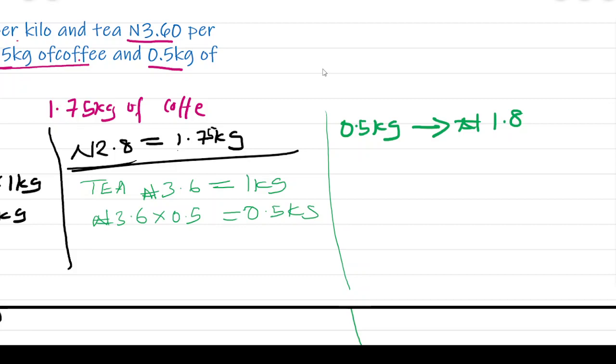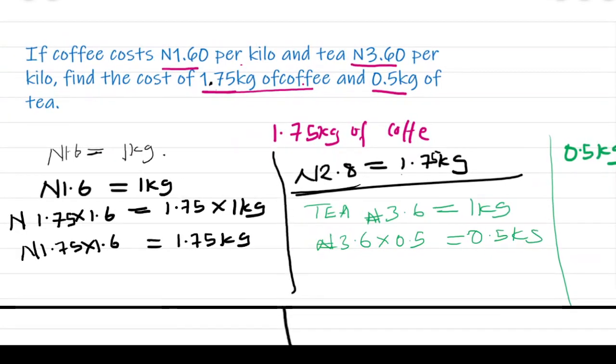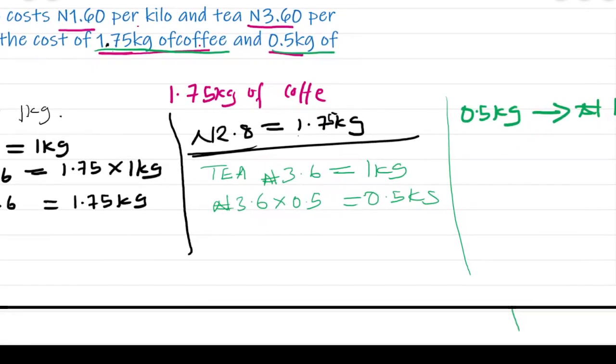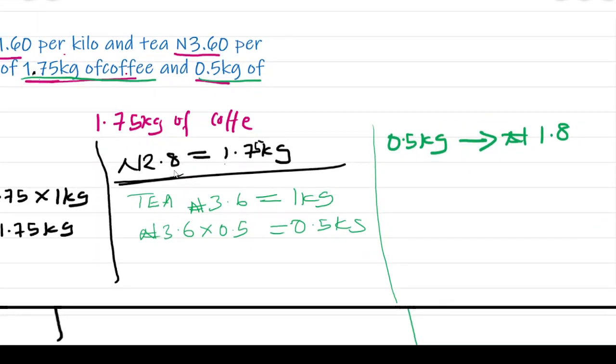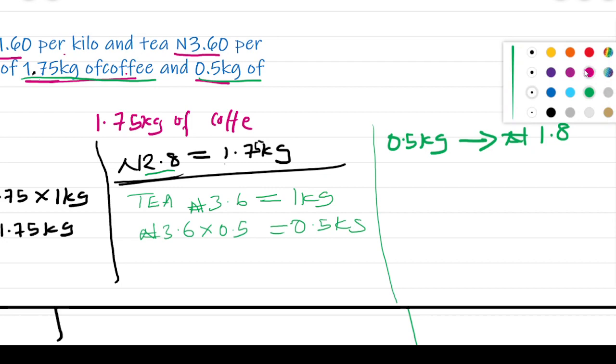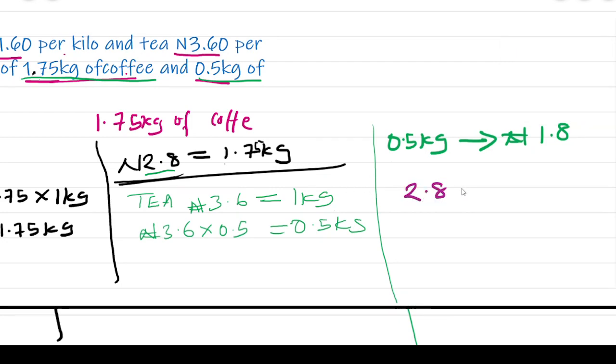So the question asks us to find the cost of 1.75 kilogram of coffee and then 0.5 kilogram of tea. All we need to do is add the cost of 1.75 kilogram of coffee, which is 2.8 naira, to the cost of 0.5 kilogram of tea, which is 1.8.